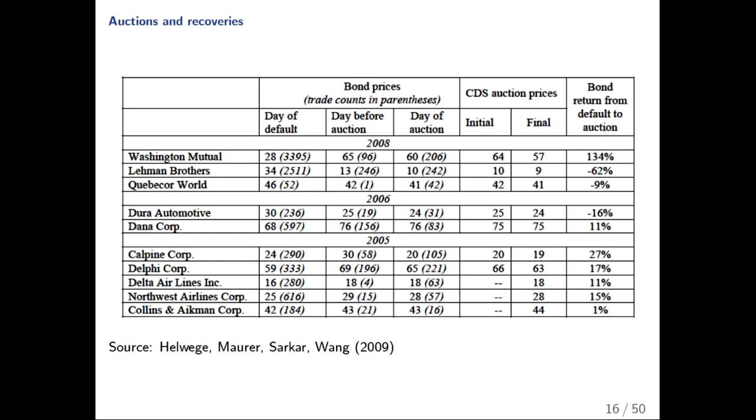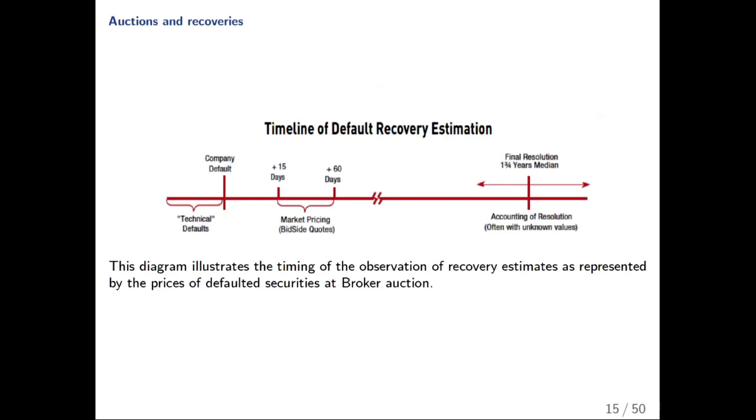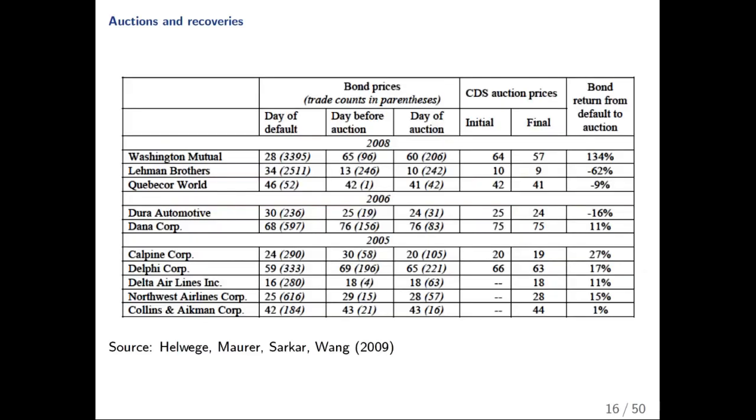What you see here is the timeline: the number of days from default, so the default day, until the days before the auction, the days of the auction, initial prices of the bond from par value, so from 100, and the final price of the auction.